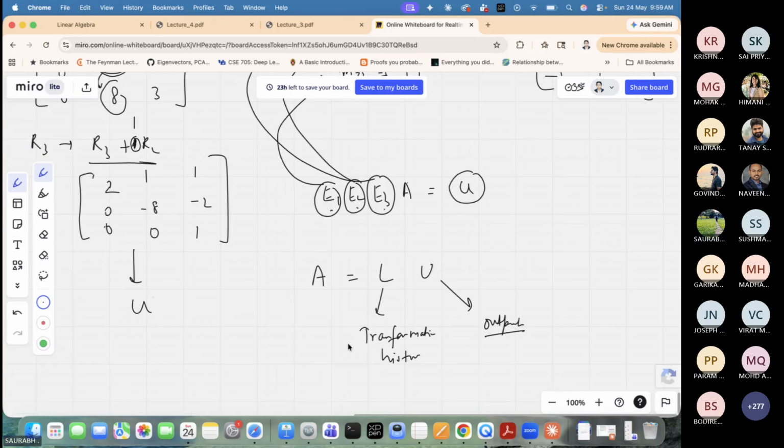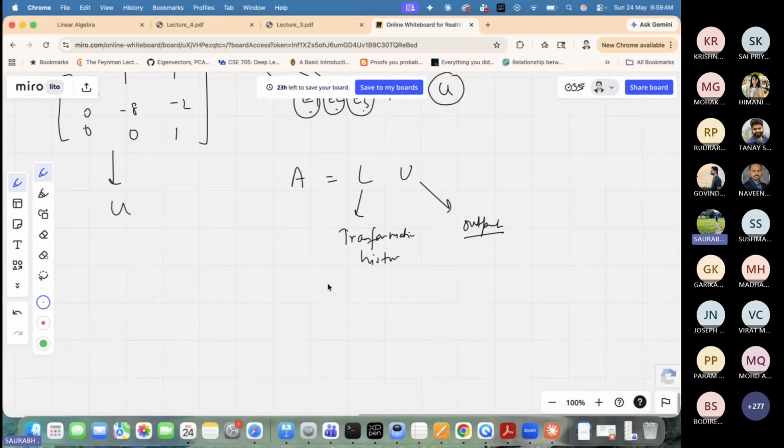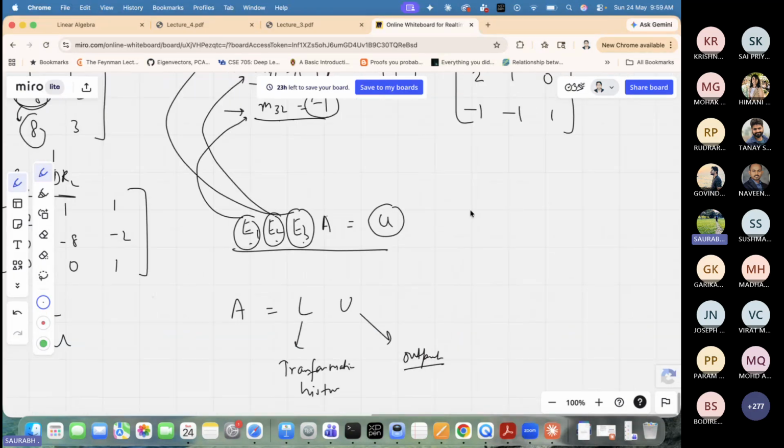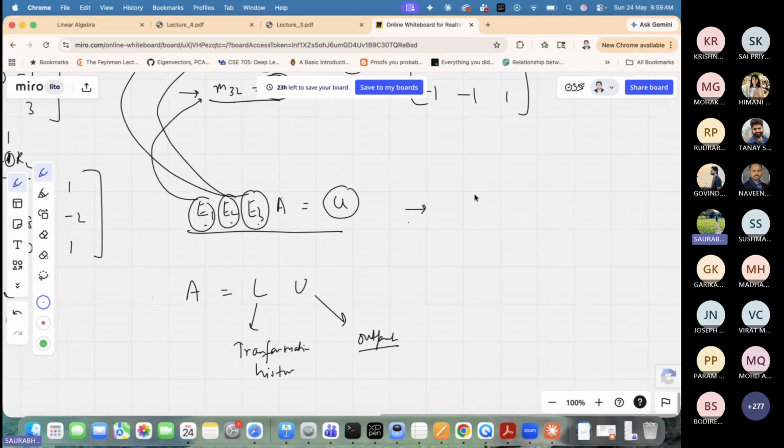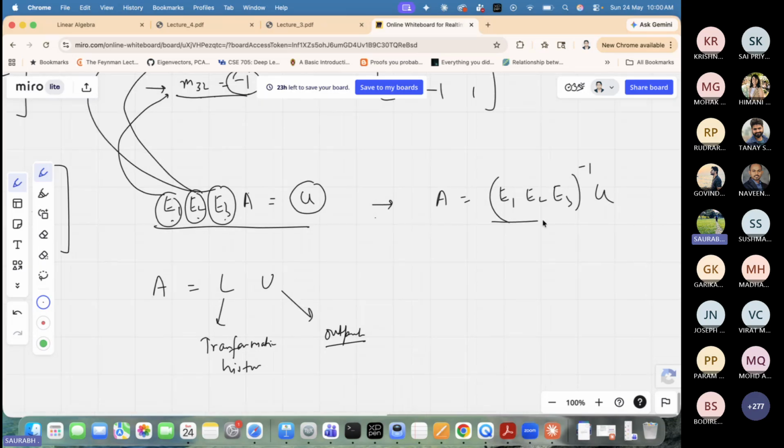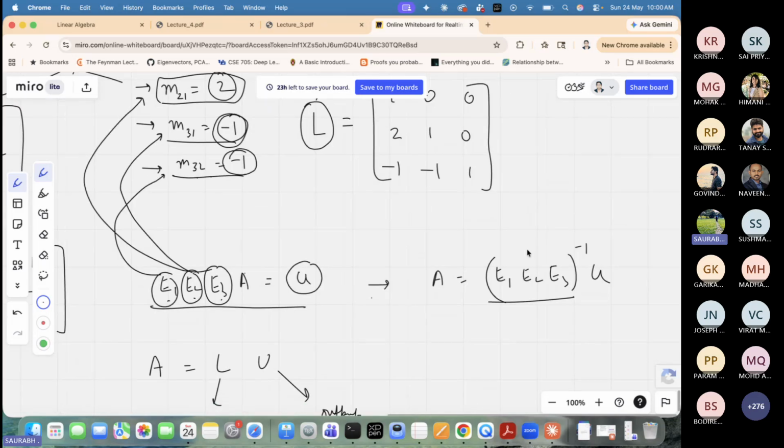Now, when I write it like this, you can also write it like this as well. A is equal to E1, E2, E3, whole inverse into U, right? And that's why you see that you are getting these minus values. When you have all of them on the left hand side, you can take L like this.